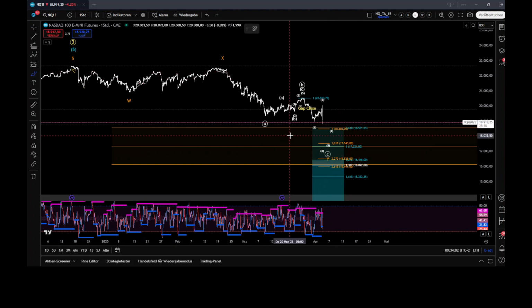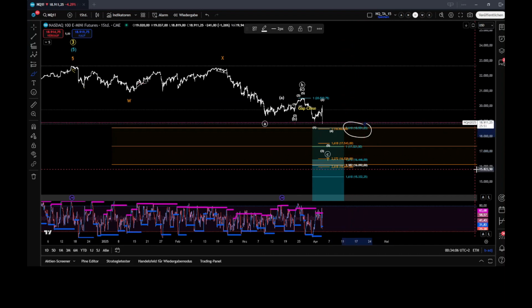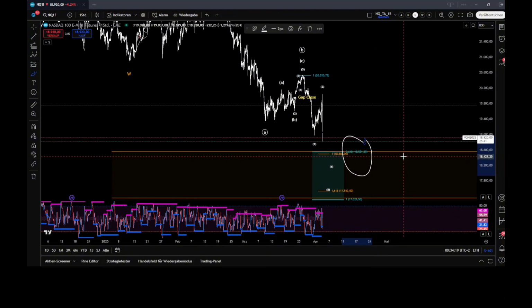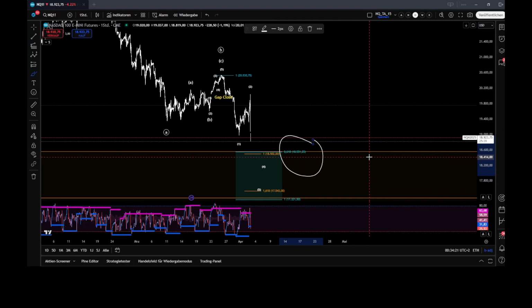Very often in these cases we only touch the 61.8 extension, but it doesn't look like that. It looks like we want to go further to the downside. So the first target is 10,000, not 10,000, oh my God, let me see, 18,551.